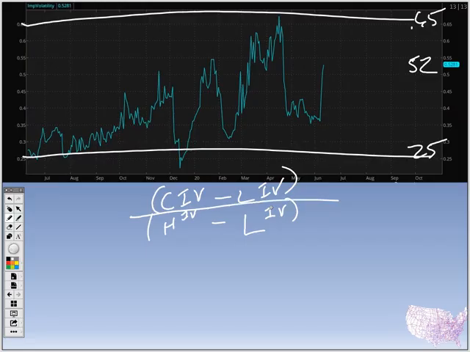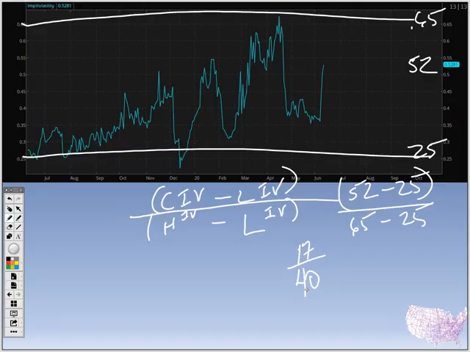So right now we have the current IV is 52 minus the low IV, which is 25. And we take that sum and divide it by the high IV, which is 65, minus the 25, right? We good there so far? So we've got 17, right? 17 divided by 40.